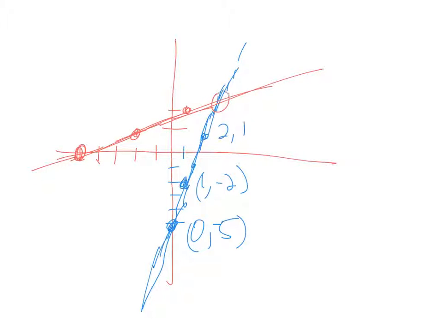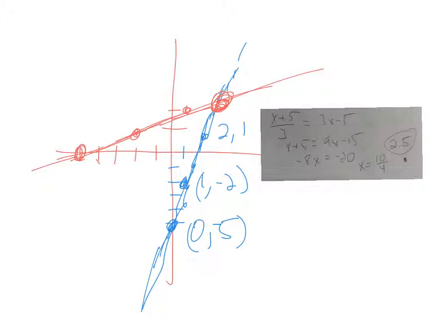Now, this is what's kind of cool. We did a little bit of algebra here off camera, and I found out that this point, where those two lines intersect, both these equations are solved for y. So I set them equal, and I solved for x. So that point is going to be the point 2.5, and then here's what's really cool about that. The y is also 2.5.